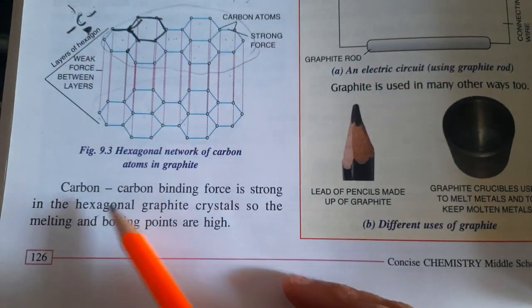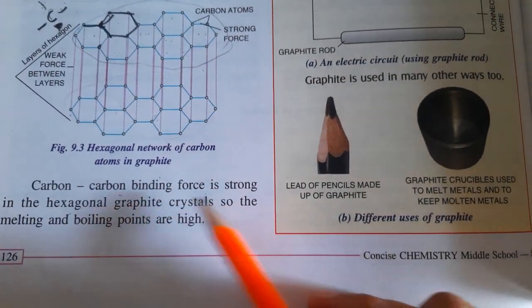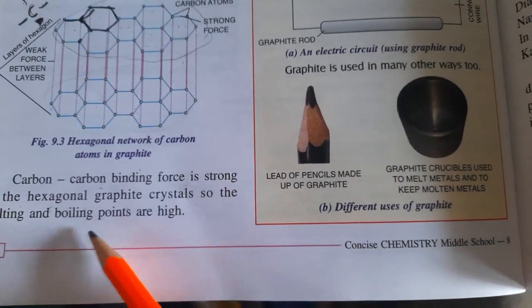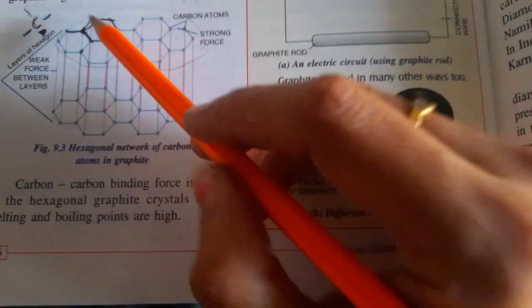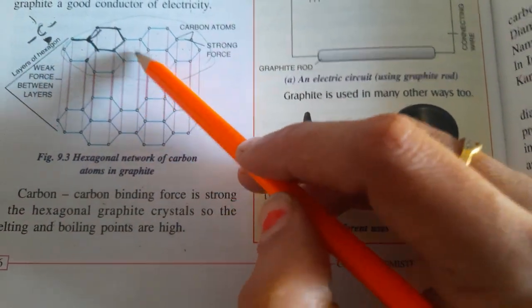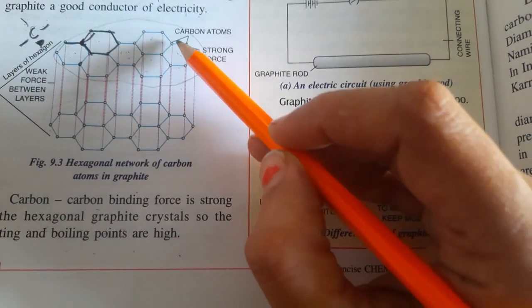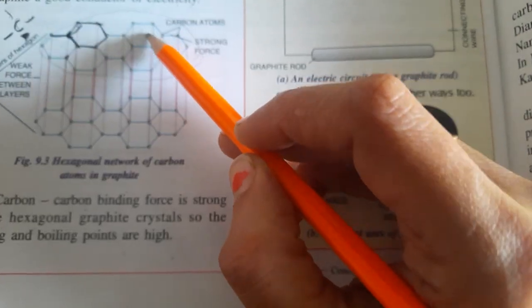Now the carbon binding force is strong in the hexagonal graphite crystal, so the melting point and boiling point are high. When the carbon atoms stick together in each hexagon, they are very tightly packed. There is a very strong bond from one hexagon to another, from here to here.